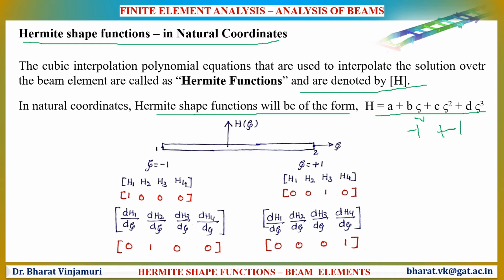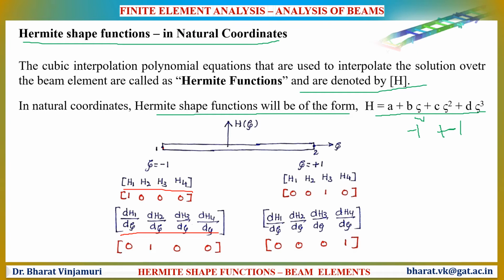So the figure shown here represents a beam element in terms of natural coordinate system. At each node there will be 4 shape functions, H1, H2, H3, H4, which represent the transverse displacements, and their first derivatives represent the slopes.